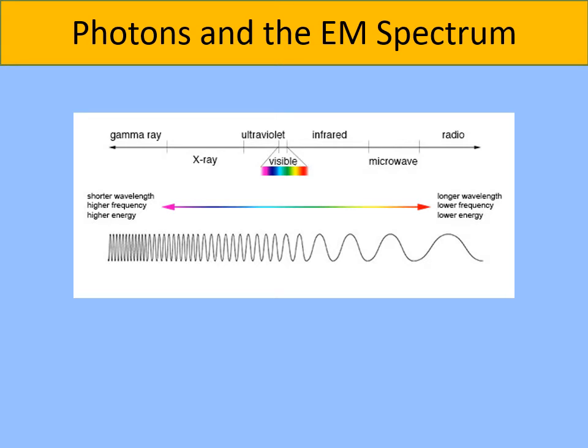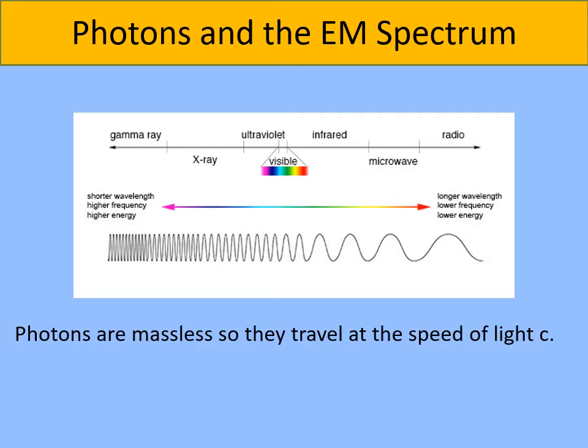The idea that Einstein really came up with, along with the foundation and groundwork laid by Max Planck, was that energy exists in these discrete packets of quanta, with low energy photons at one end moving through higher and higher energies: the visible light going from red to violet, the violet being more energetic, then the X-ray photons, and finally the gamma ray photons, which are the most energetic of them all because they have the highest frequency waves. It's important to remember that photons are massless, so they travel at the speed of light.